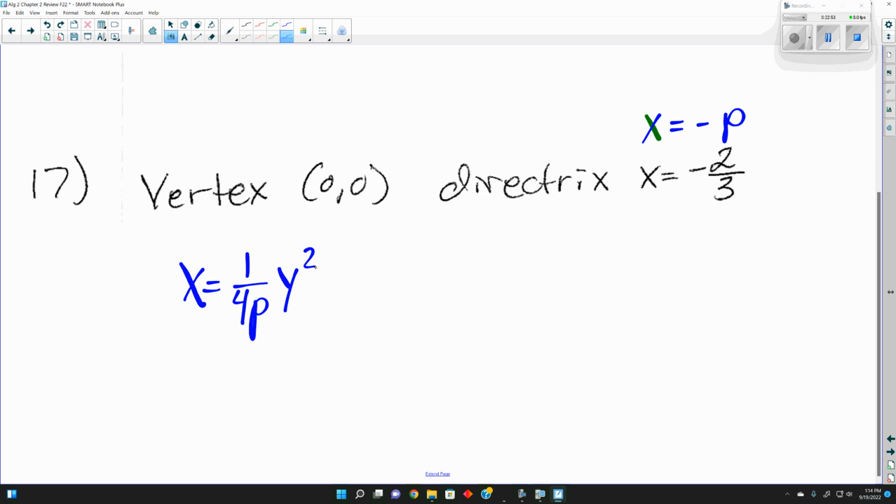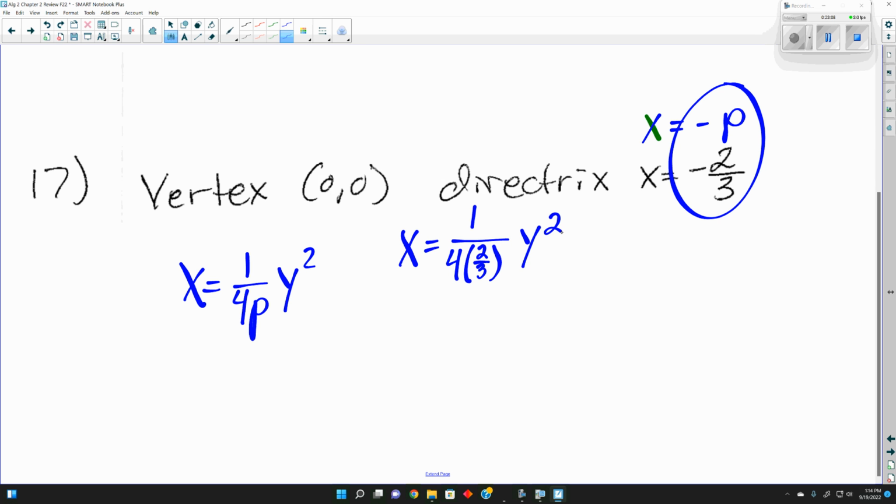Now the value of p, the negative p is negative 2/3. So p is positive 2/3. So we have x is equal to 1 over 4 times 2/3 times y squared. And again, I would type that into the calculator. I'd do 1 over 4 times 2/3 in the calculator and hit enter.